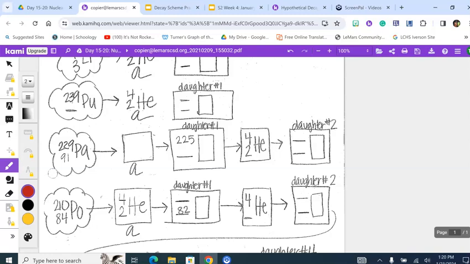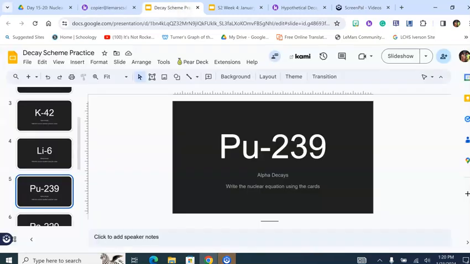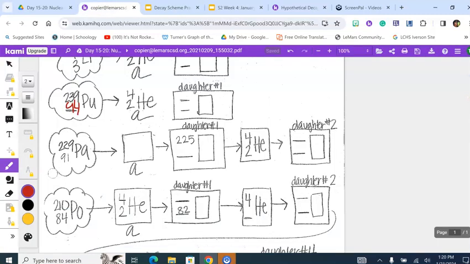You should all have periodic tables on your desk. What is the atomic number of Pu? 94. And according to this, it's going to alpha decay. So set up your alpha decay. It's going to look like this. And then we're going to do the math. 239 minus 4 is 235. 94 minus 2 is 92. And it is uranium. So that's my first daughter.